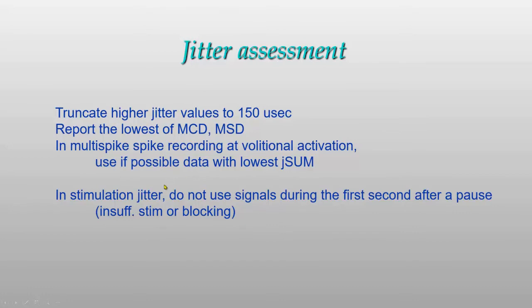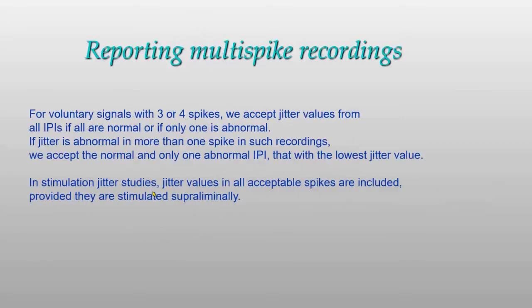In stimulation jitter, we do not use the signals during the first second after the start of stimulation. There are some biological disturbances there. Reporting from multiple spike recordings is a little more complex. If we have many spikes, we report all of them if they all are normal.